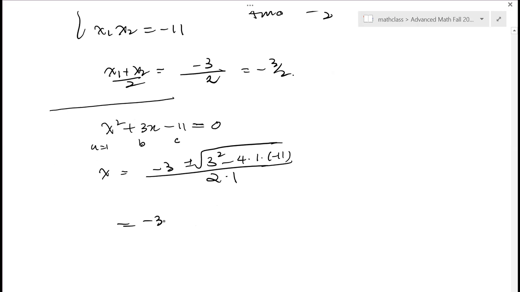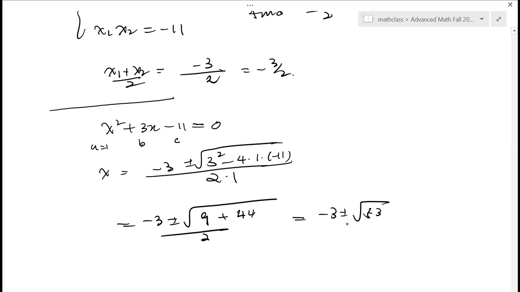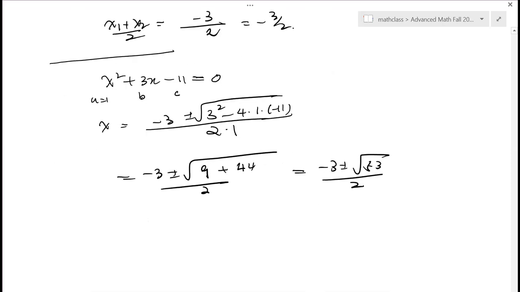So you will see that it's going to be 9 plus 44, divided by 2, which is 53, I think. 53 is not a perfect square. So it's a very strange number. So you get two roots. They are complicated.